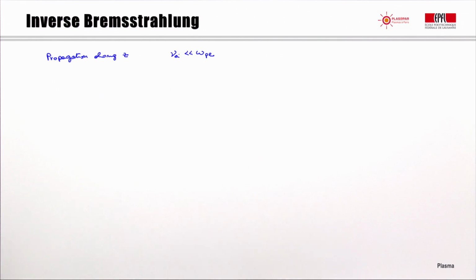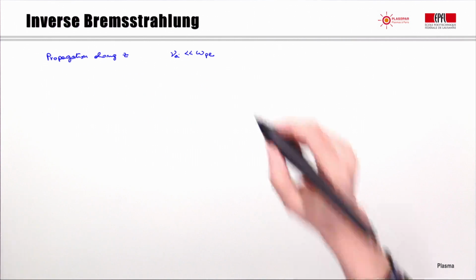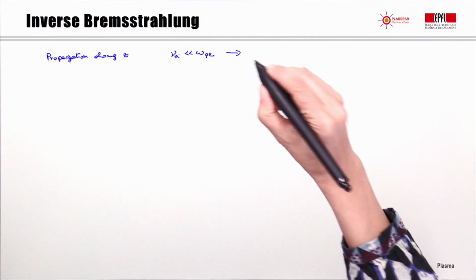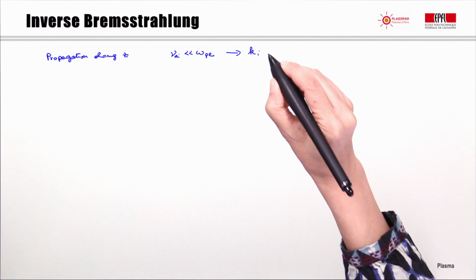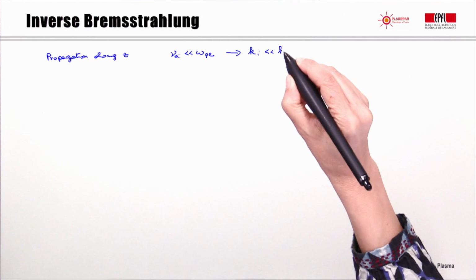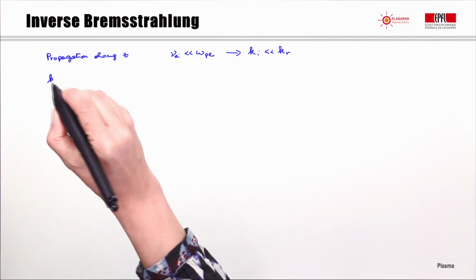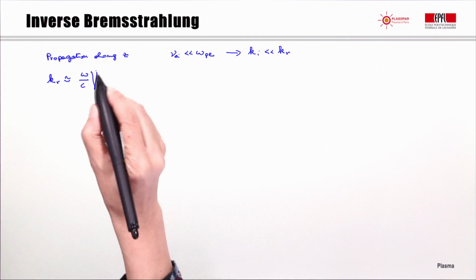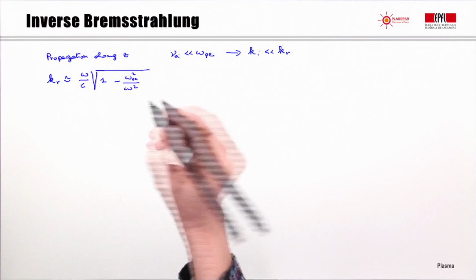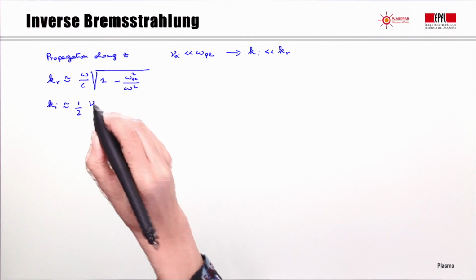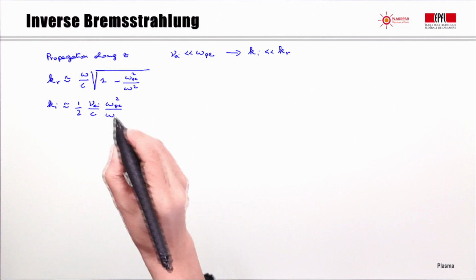This condition implies that the k vector will have an imaginary part that is much less than the real part, because the imaginary contribution is related to the presence of collisions. We can now solve the previous relation in order to find explicitly the value of the real and imaginary part of the wave vector.